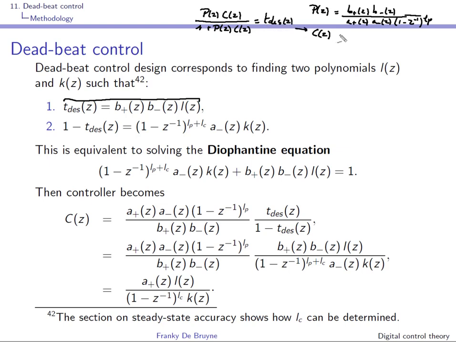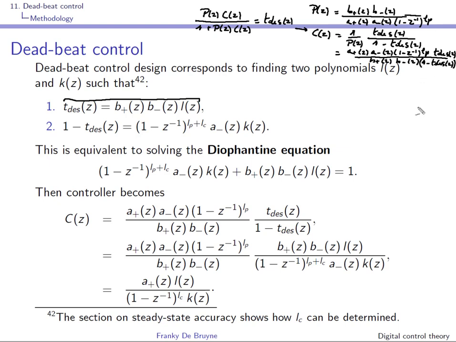So this will lead to 1 over p, right, times t desired over 1 minus t desired, and in our case this will be a plus a minus then this number of integrators here, LP, T desired, and then we have B plus Z, B minus Z, and then we have 1 minus T desired Z.